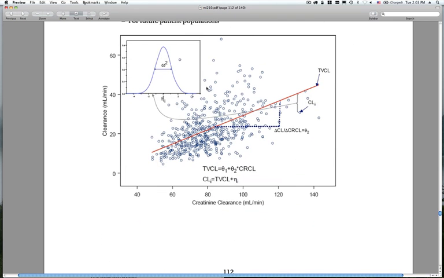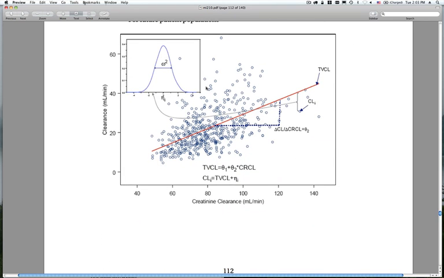And I'm going to bring up the example we used earlier on to discuss the mixed effects model hierarchy. Remember when we were looking at the relationship between drug clearance on the y-axis and creatinine clearance on the x-axis, we noted that this system was characterized by considerable variability in drug clearance, but that a portion of that was explained by individuals' renal function as measured by creatinine clearance.